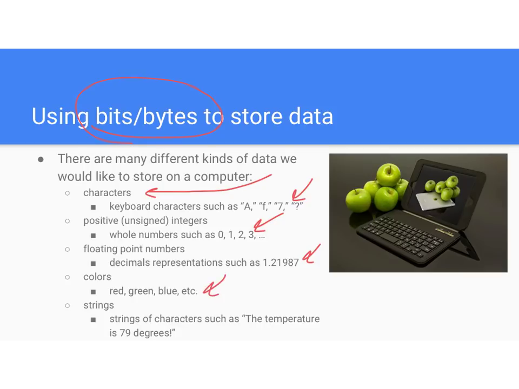Colors, red, green, blue, and combinations thereof that make more interesting colors. Strings, a collection of characters, like the temperature is 79 degrees, or a sentence or a paragraph or a book, whatever the case may be. All of these different kinds of data, we call these data types. So there's many different data types that we want to represent on a computer, whether it's characters, integers, numbers, whatever. Let's continue.